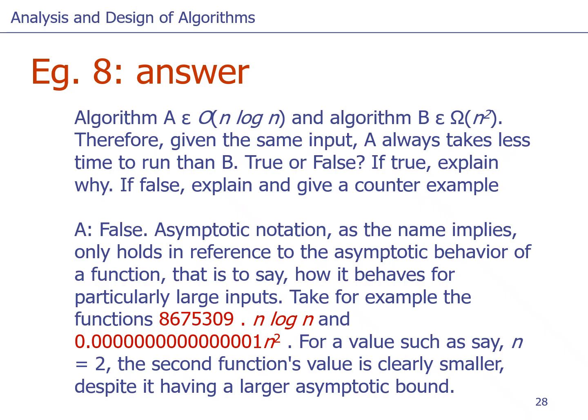So what this highlights is two things. First of all, you need the big O and the big omega to completely characterize the performance of an algorithm. Knowing the big O alone or the big omega alone is not enough. The second thing is, when you're comparing two algorithms, you have to start to worry about the constants.